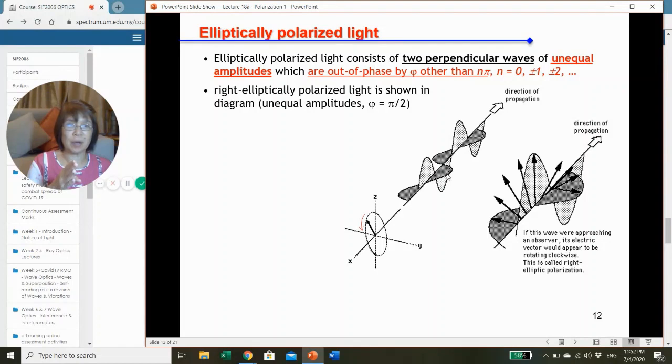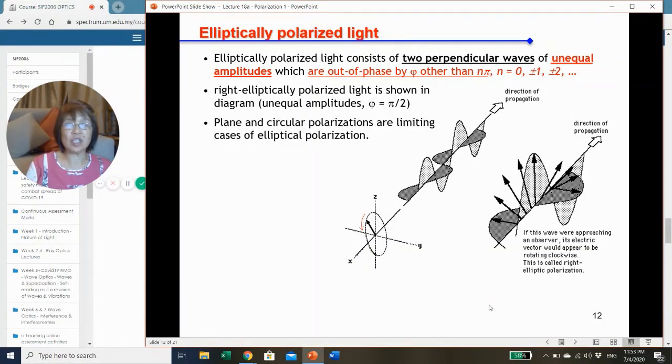Here we have different amplitude, but phase difference 90 degrees. What we get would be an ellipse. Major axis along Z, the minor axis along Y. Okay. Again, in definition of left and right-handed elliptical polarization, it would be similar to what I show you for circular polarization.